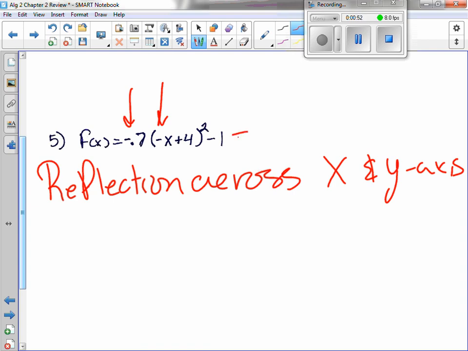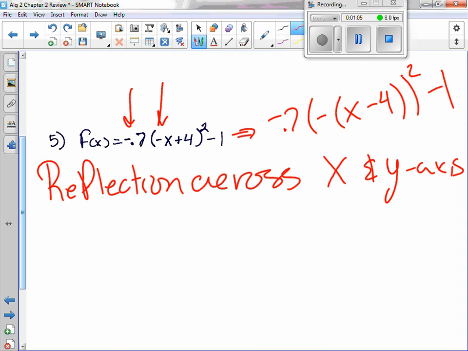But because I listed this first, this equation really looks like this here. I have to pull that negative out of the two terms inside the parentheses. It's not coming completely out, but I have to factor it out there because it changes how it moves.